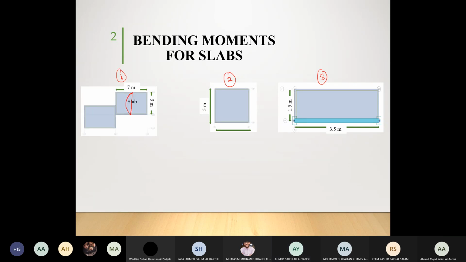No. Tell me why. Because it will be minus, it should be positive moment. How did you know that this is positive or negative, if this is only a strip?